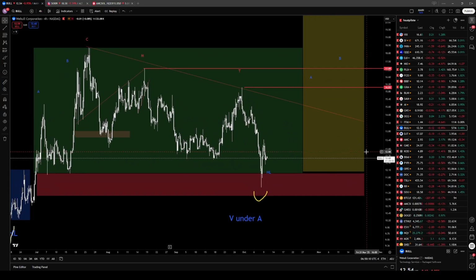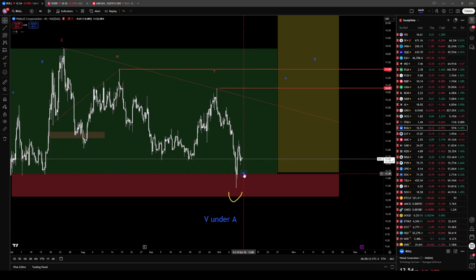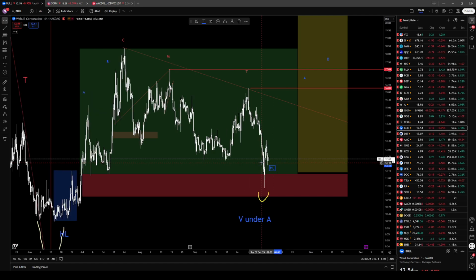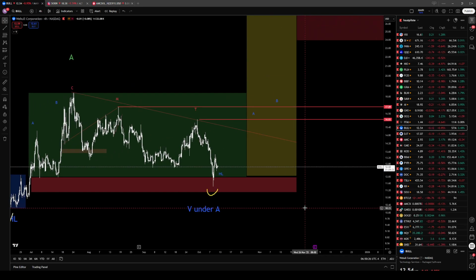And I said for the V under A to be true right now, we want to hold and make a higher low right now. And we did. So as long as we are holding, in my opinion, over 11.80, $12, everything is perfect.